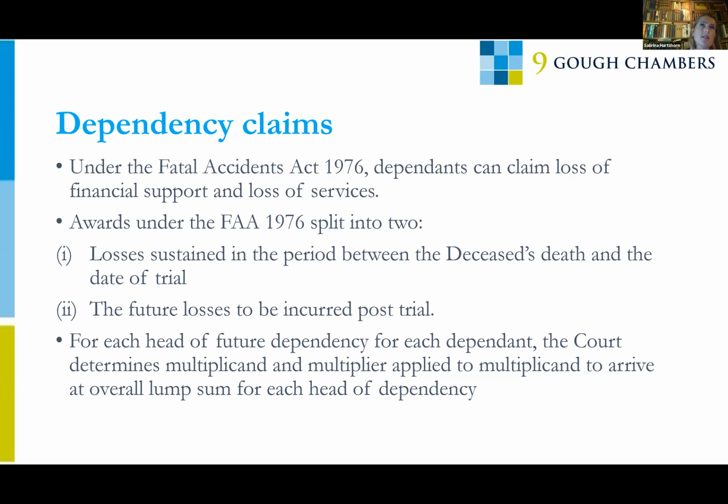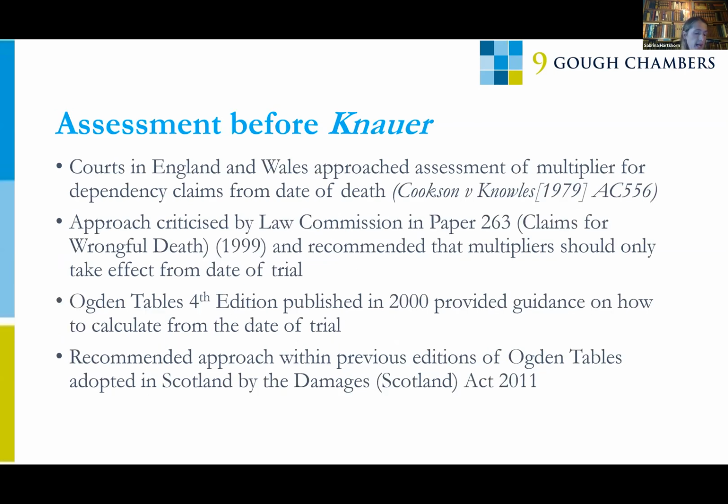So in order to understand what we do now, we really need to point out what we were doing before Knauer. And the assessment before Knauer was being done from the date of death, following the House of Lords decision in Cookson and Knowles way back in 1979. The reason for this was that the deceased's death effectively was the only certain event, and everything thereafter was deemed uncertain.